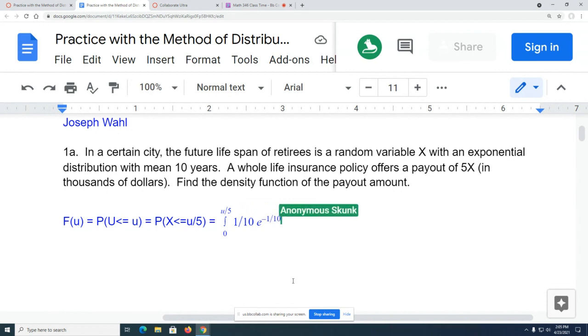Want to double check the upper bound on your integral? If you want to be computing the probability that you wrote in step 2.